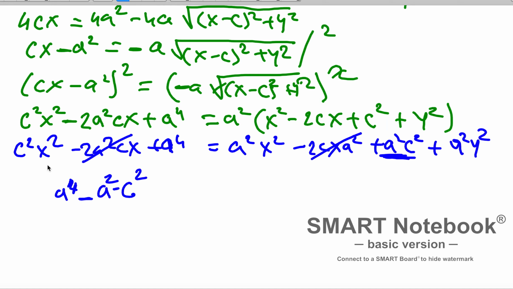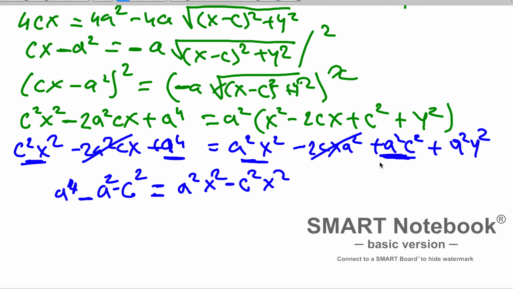I'm sorry. Now this one is eliminated. c squared x squared I'm putting on the other side, and it's going to be negative. And I'm looking to put it near this one here, a squared x squared minus c squared x squared. So this one I'm done, and this one I'm done.